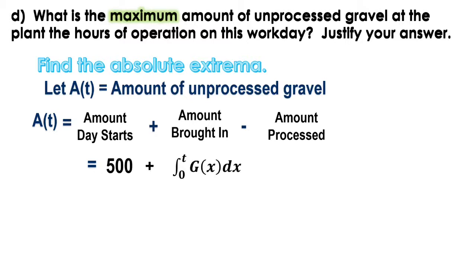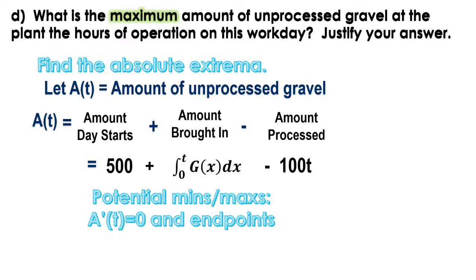T is any time, so from the time the plant opens at time 0 to some time T, and I have g of x dx, not g of t dt, because I used a T for my upper bound, and I don't want the x and the t to match here. The amount of processed gravel will be minus 100T. For example, at 1 hour, they would have processed 100 tons, at 2 hours, 200 tons, and so forth.